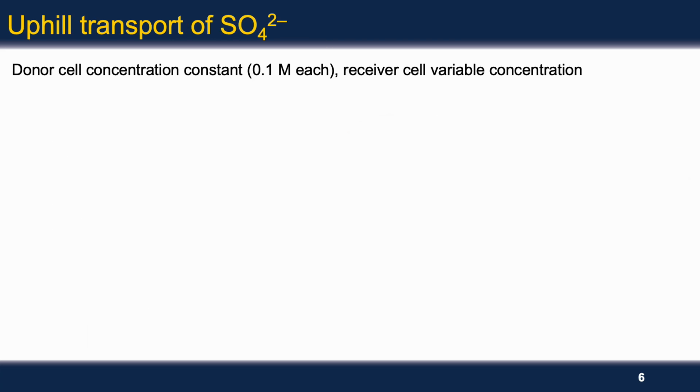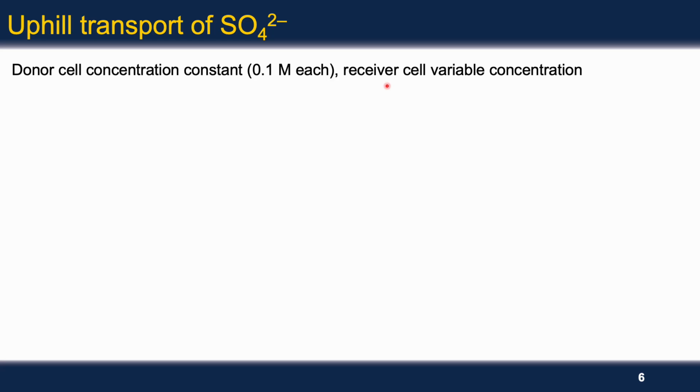We also tested the occurrence of uphill transport of sulfate in these membranes by modifying the diffusion experiment such that the donor cell contains a constant concentration of mixed sodium sulfate and sodium chloride solutions, about 0.1 molar each, and the receiver cell contains a variable concentration of an equimolar solution of both ions.